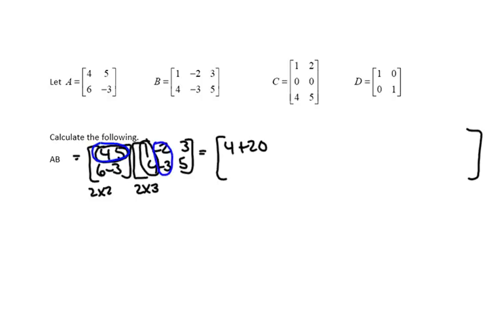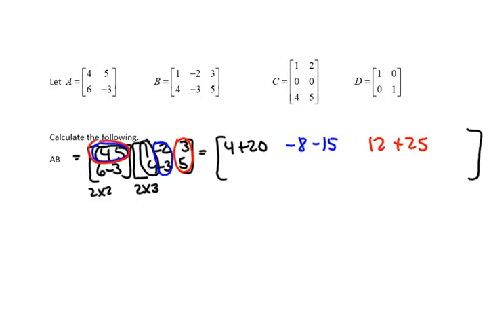So what do I have? 4 times -2 is -8, and 5 times -3 is -15. Now, I'm going to take this same first row and multiply by the third column. 4 times 3 is 12, and 5 times 5 is 25.